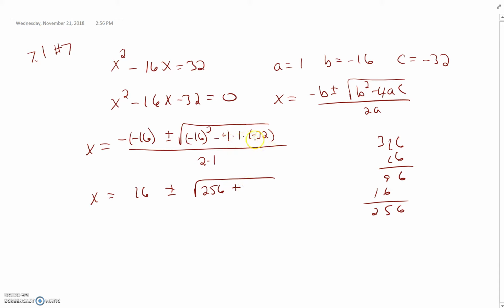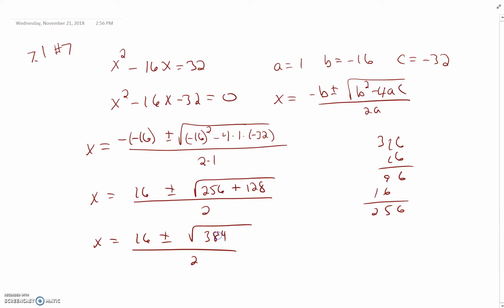Let's see, 4 times 30 is 120, so 128. All over 2. So x equals 16 plus or minus the square root of, let's add them together. 256 plus 128 is 384.